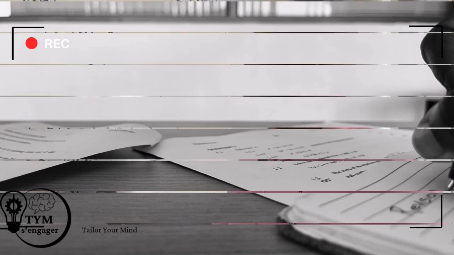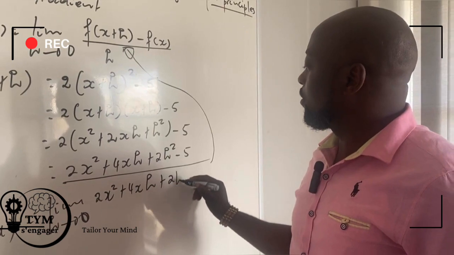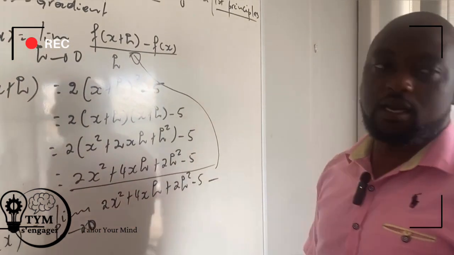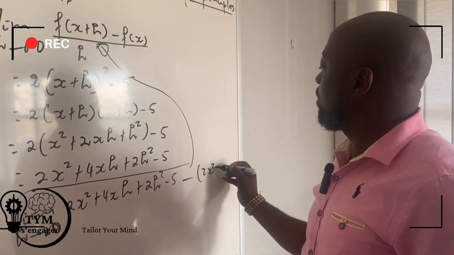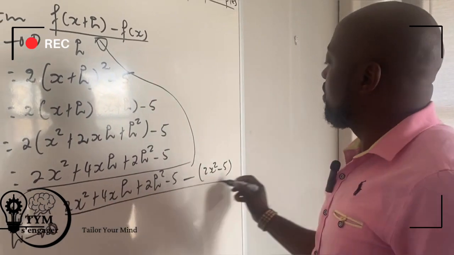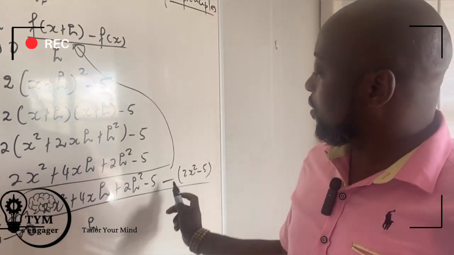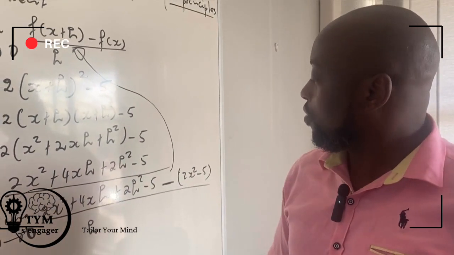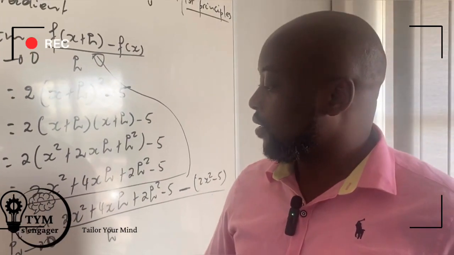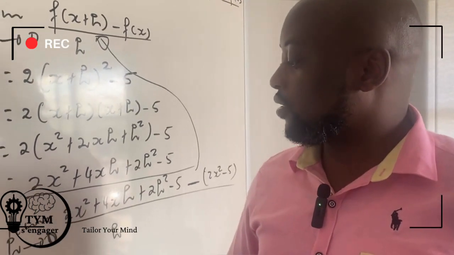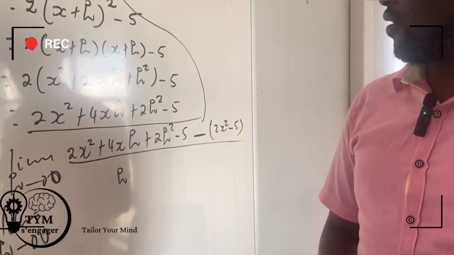You write it down: 2x squared plus 4xh plus 2h squared minus 5, minus, open your bracket, your f of x there is 2x squared minus 5. Then everything there you divide by your h. From there, there's a negative sign in front of your bracket, so you need to multiply everything by minus.